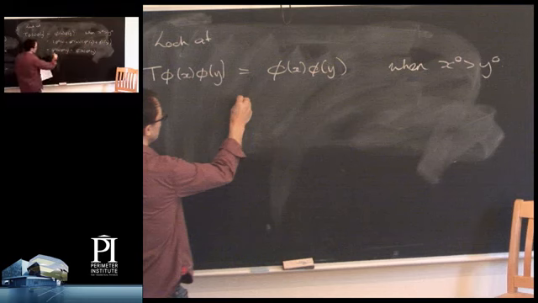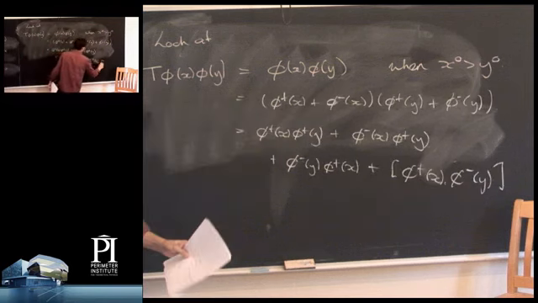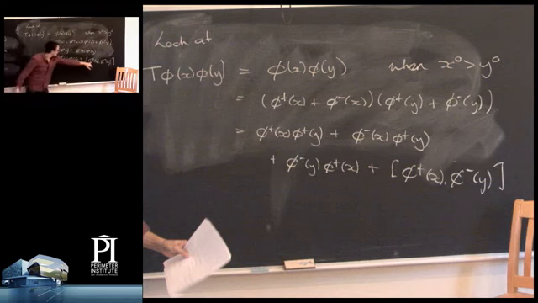So it's trivially got the phi plus to the right. I'll have a phi minus of y, phi plus of x. But then I've got to add the commutator of phi plus of x, phi minus y. Okay, so the minus term of this commutator cancels this, and what I'm left with is the honest term. And then finally, there's the term with no phi pluses, and you can't do much about that, so that's just phi minus of x, phi minus of y.